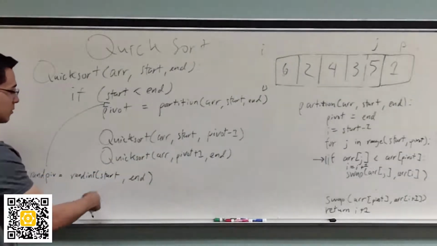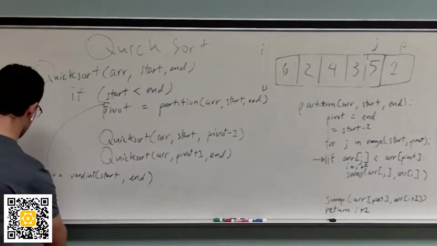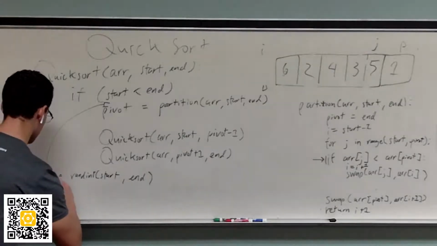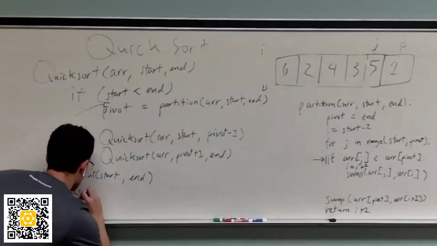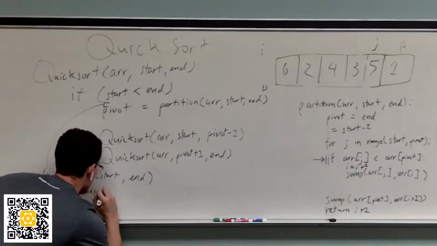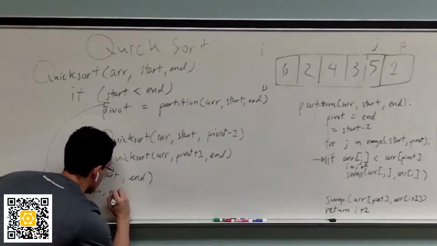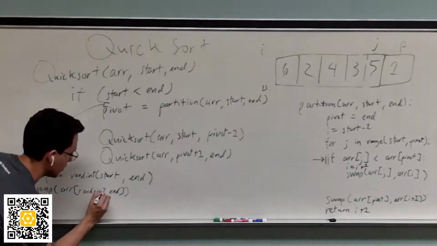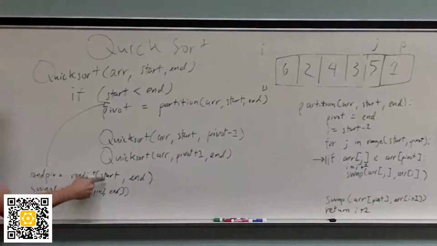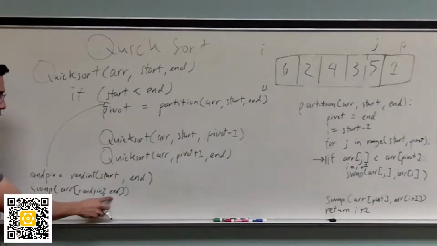But it's going to give you a random number in between. And then you swap the array, the value at random pivot that we just did, with the array value at the end.